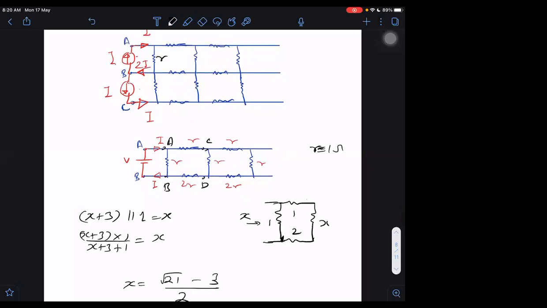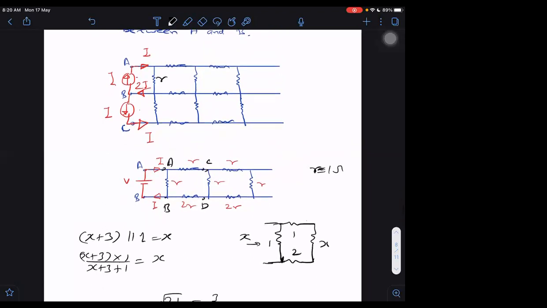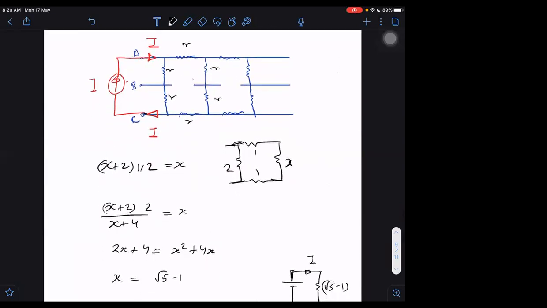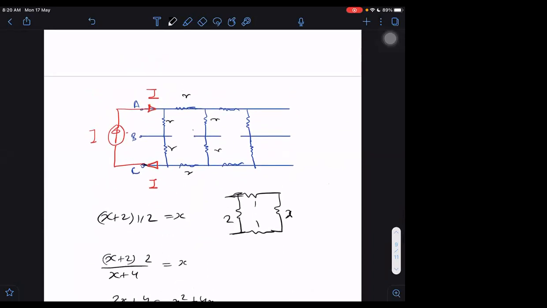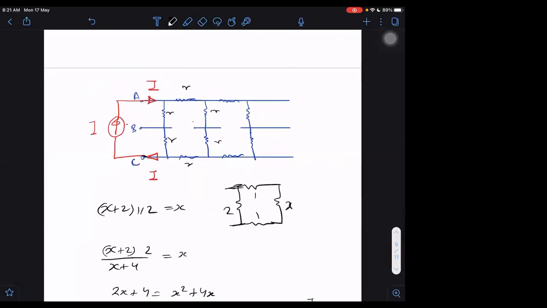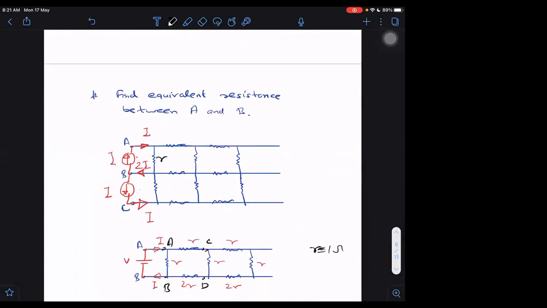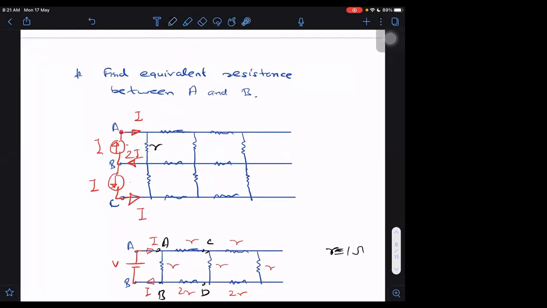This is R here. So what current does it carry?